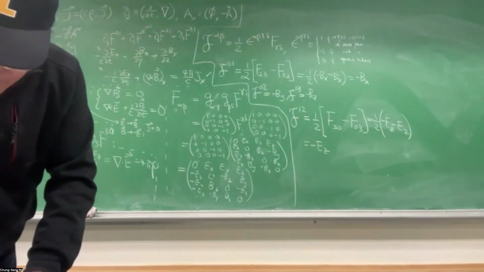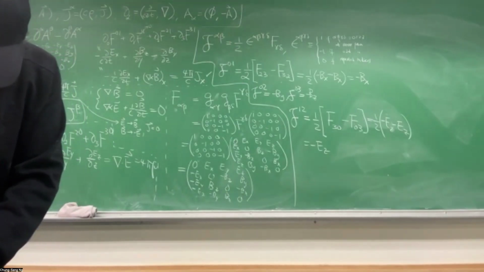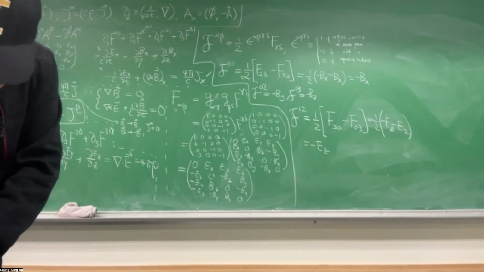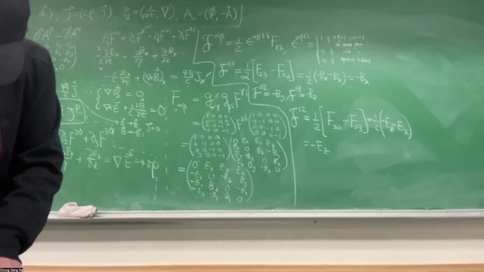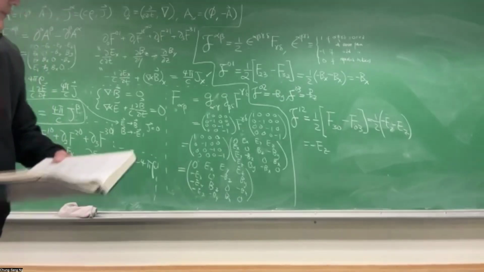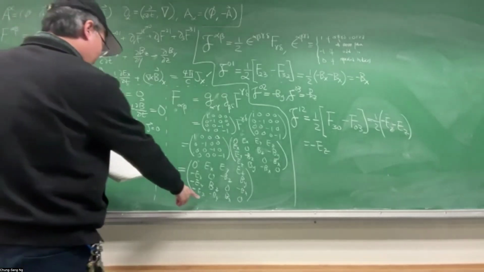Let's see, what did I miss? Yes, this should be EZ, right? According to this textbook, alpha beta is 0. This one?